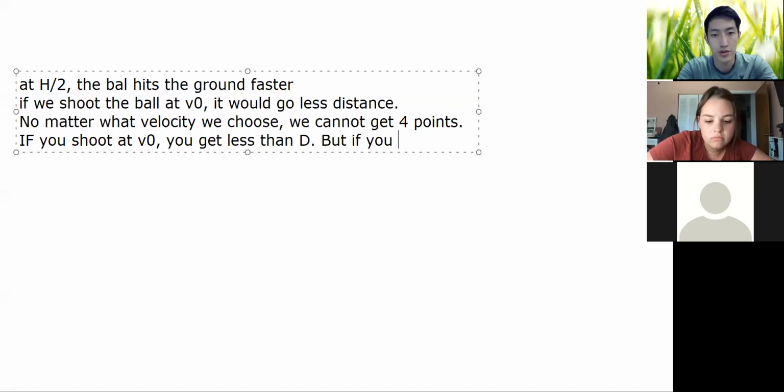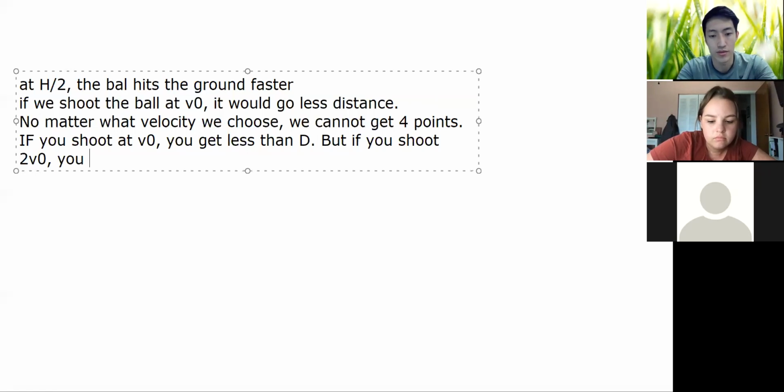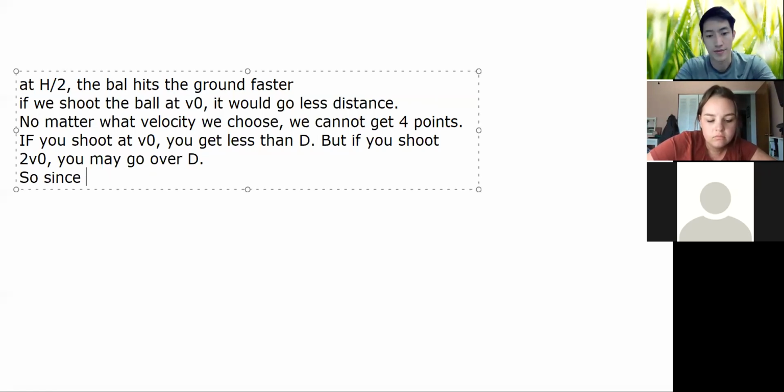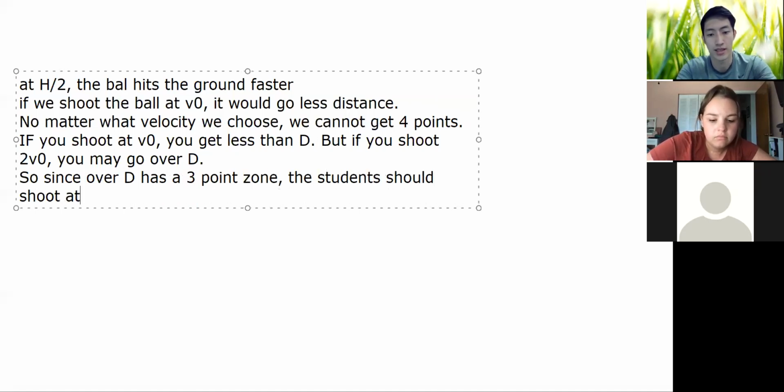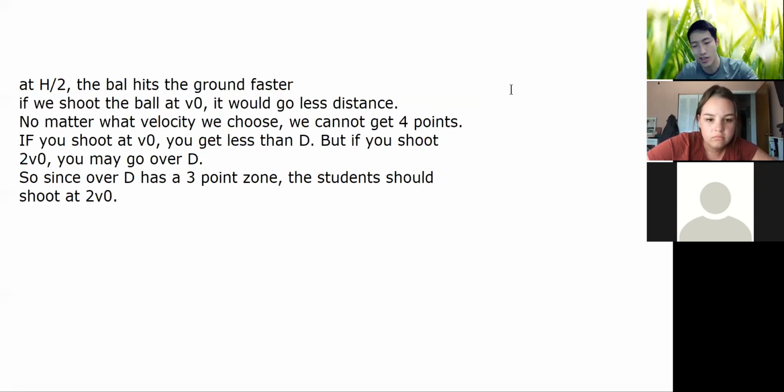But if you shoot at 2 v naught, you may go over d. Since over d has a 3-point zone, the students should shoot at 2 v naught. That's the logic behind the question.